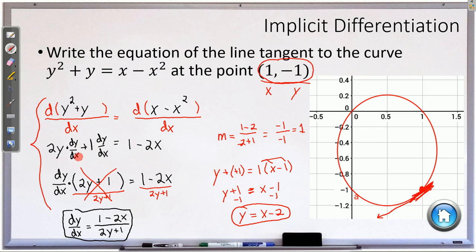And then get dy/dx by itself, whatever algebra that takes. In this case, we had to factor it out. That happens a lot. And then you can get it by itself, and you've got your equation here for the slope. As you can see, it takes both x's and y's in that slope.